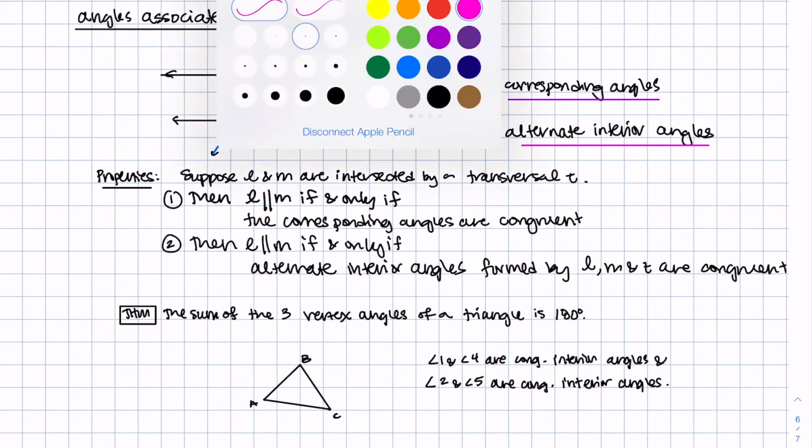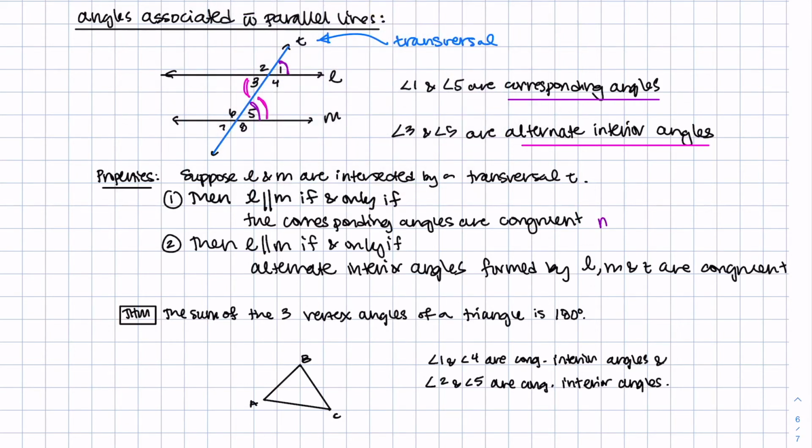So this means the measure of angle 1 is equal to the measure of angle 5. Technically, the way this is worded, it's saying that all the sets of corresponding angles, all the pairs, are congruent, but I think we really only need one pair of corresponding angles to be congruent.